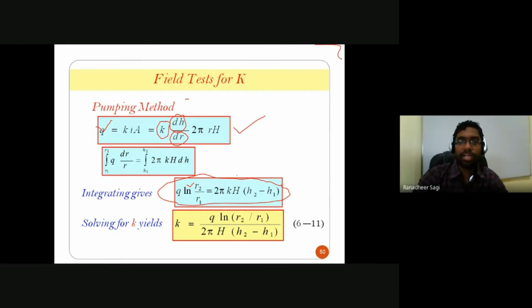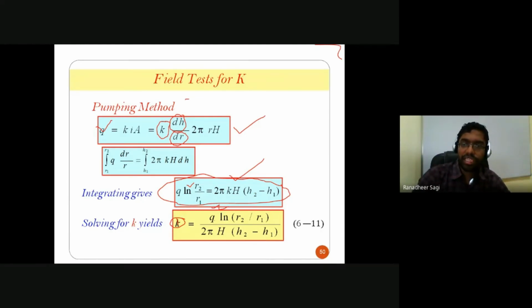Ultimately, my objective is to rewrite this expression according to what you wanted to calculate. I wanted to calculate the coefficient of permeability of the soil, the aquifer strata in which the flow is happening. That k value is what I can get from this expression, after rewriting it.